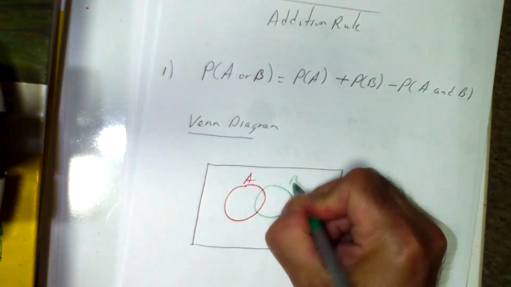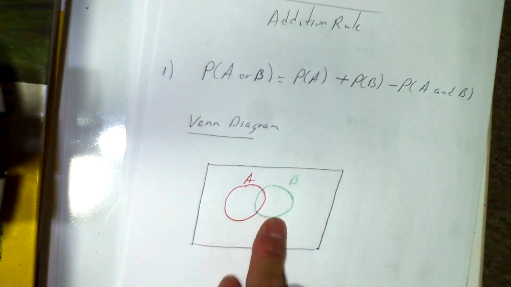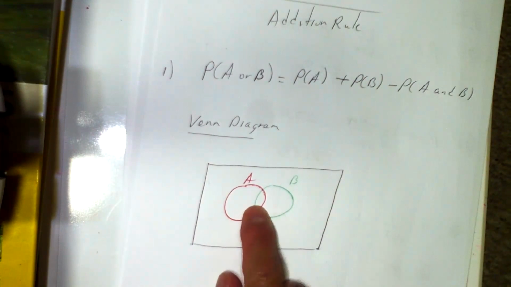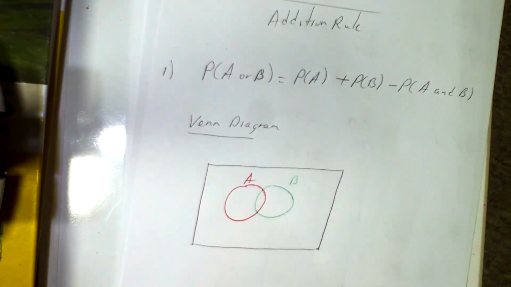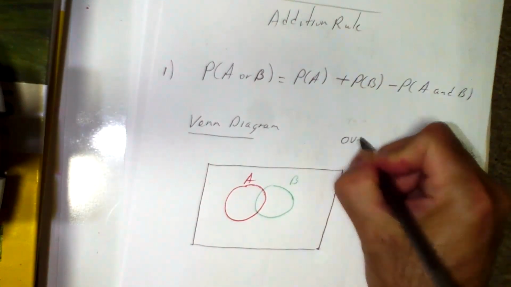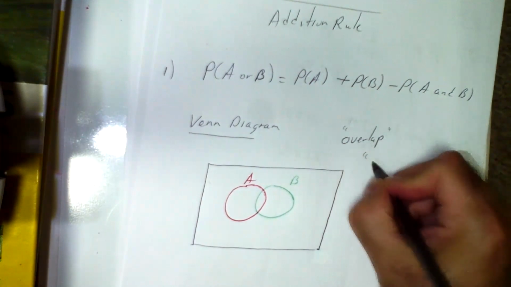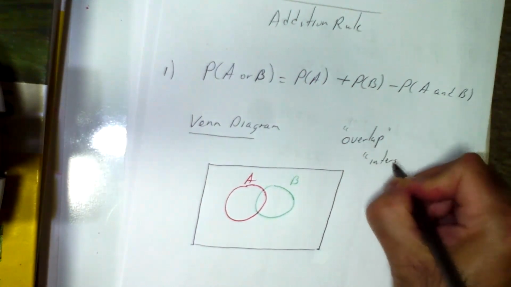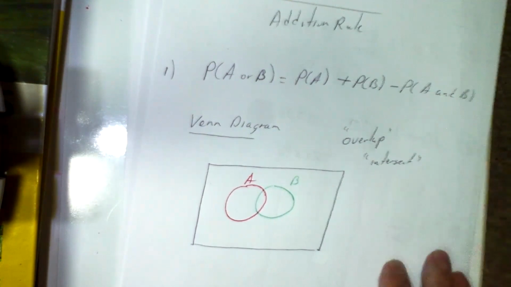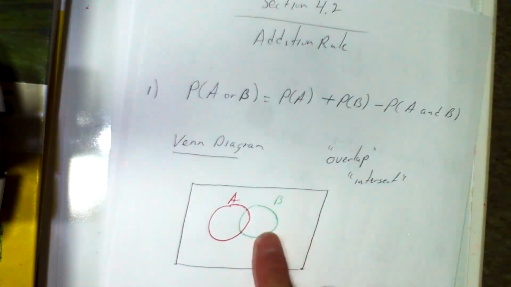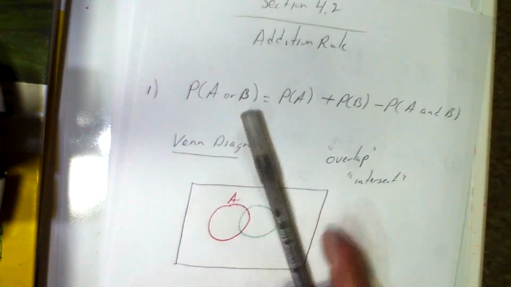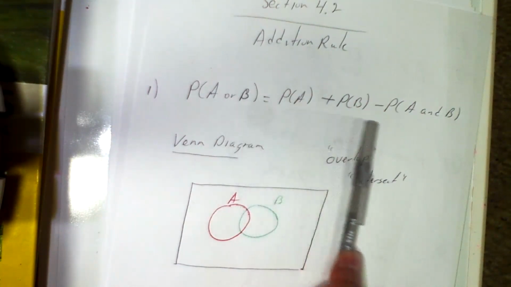Now notice what is happening with these two circles. Yes, these two circles are overlapping. So they overlap, they intersect. So two events that intersect or overlap requires us to use this formula.